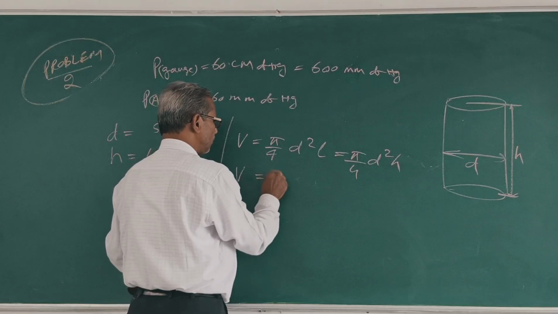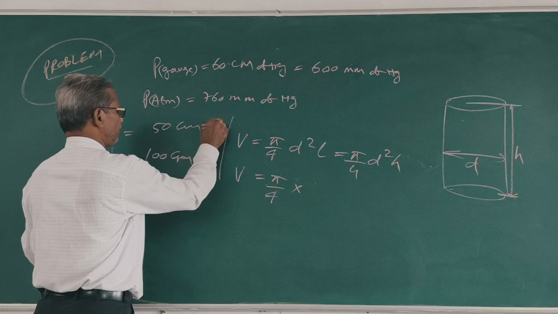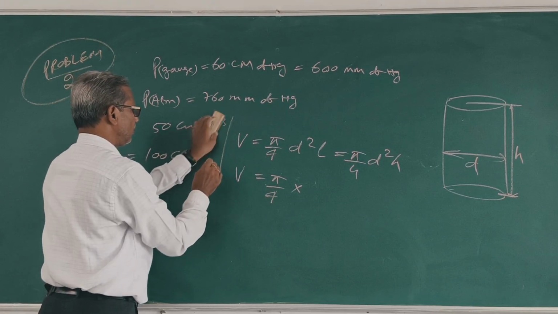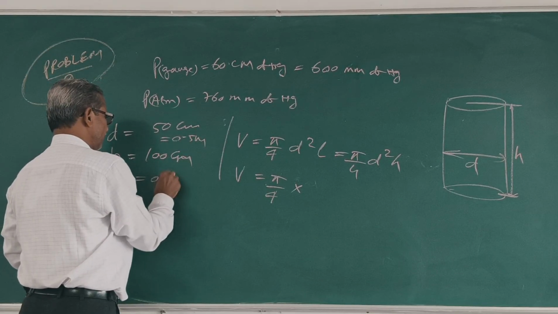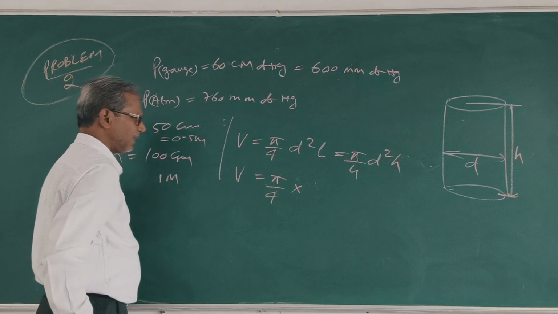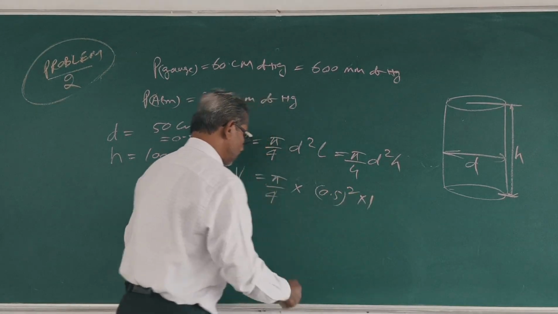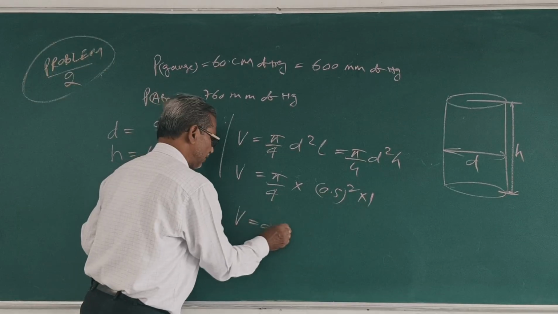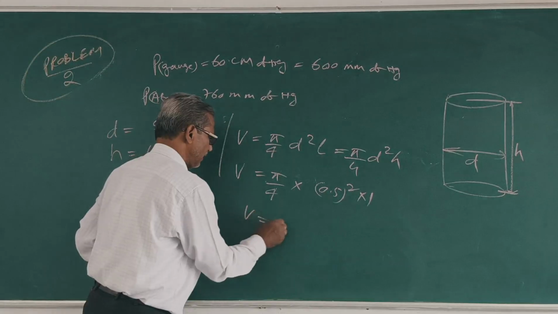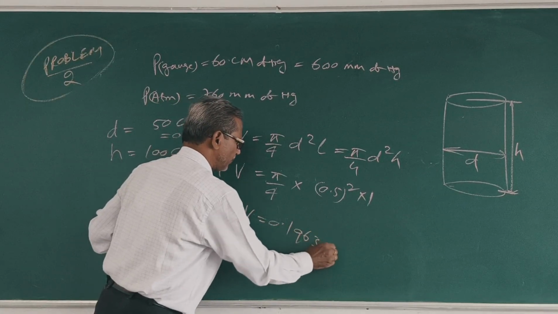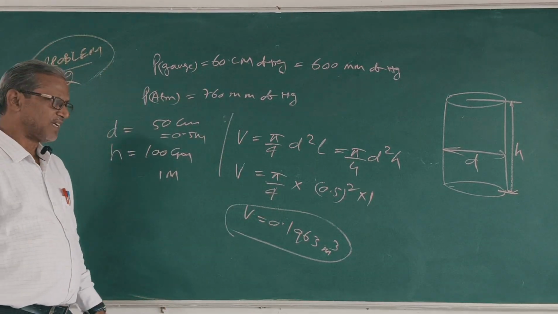V is equal to pi by 4 into 50 cm, 0.5 meter, height 100 cm, 1 meter. Clear? D square, 0.5 square into 1. So V may be 0.1963 meter cube. This is volume of the cylindrical vessel.